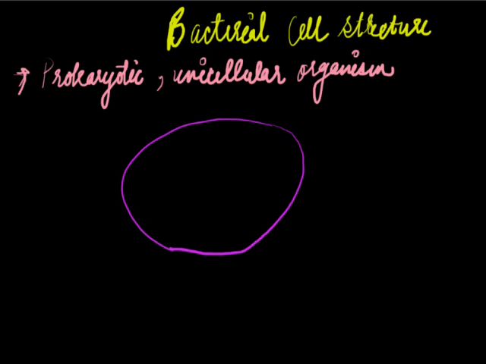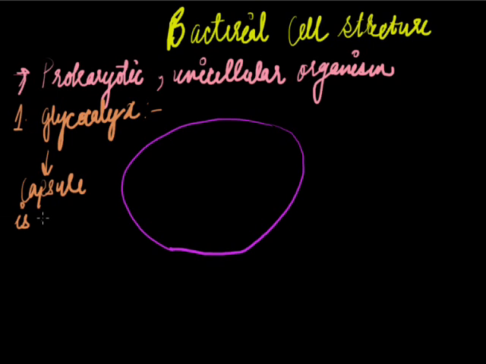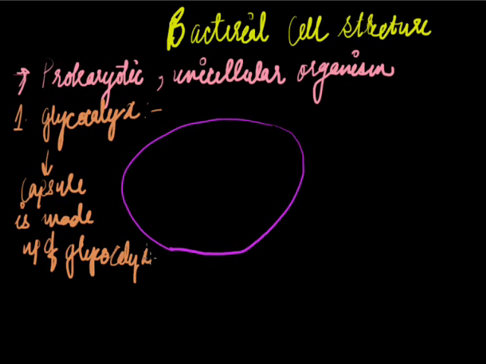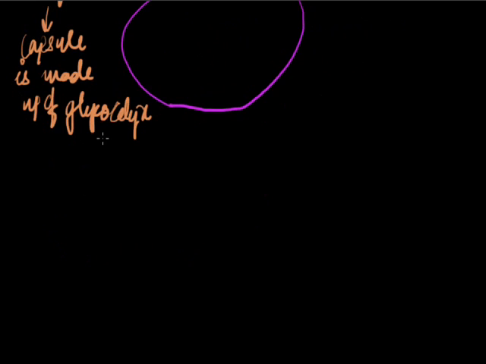The first structure we are going to discuss is the glycocalyx. The capsule is made up of glycocalyx. This glycocalyx is further composed of complex polysaccharide or protein.